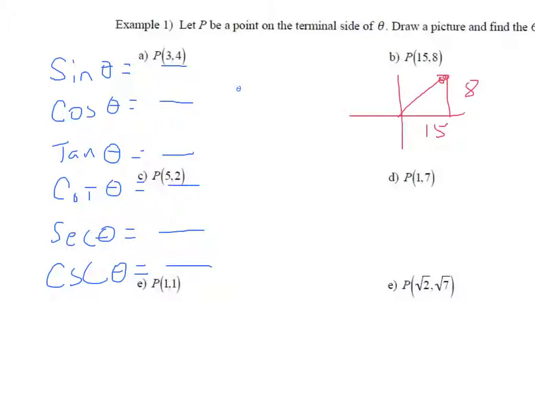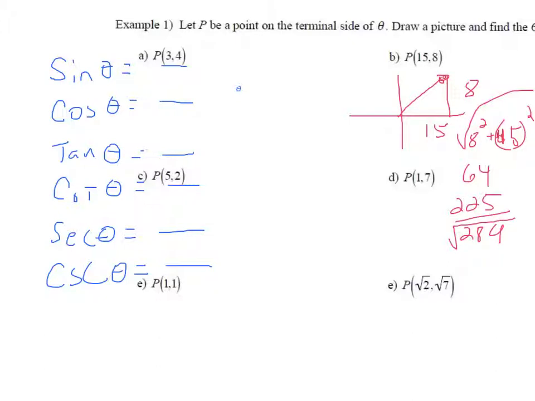I'm not seeing a slick triple, so 8 squared plus 15 squared has to equal c squared, and then I'm going to take the square root. So 64 plus, what is 15 squared? 225. And that's 289, so 8, 15, 17. That is a triple. Okay.